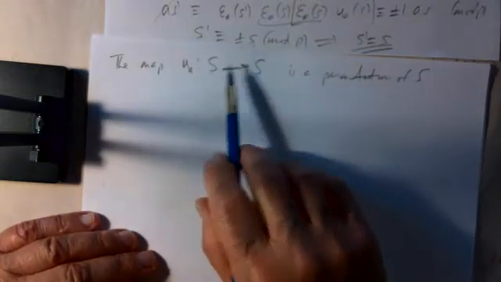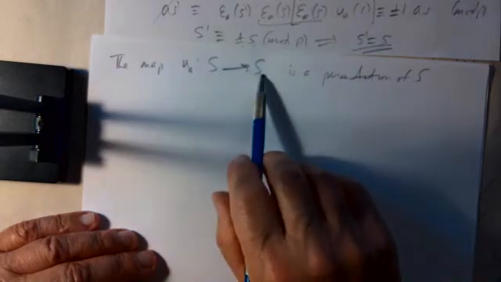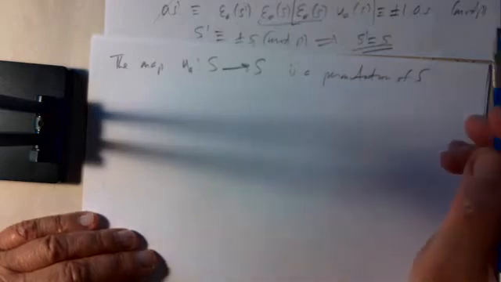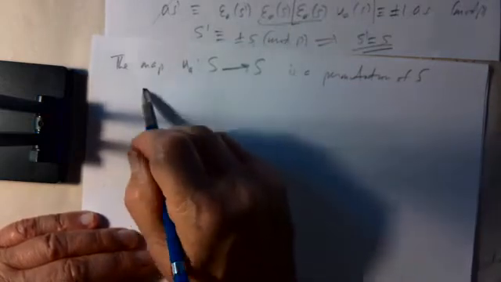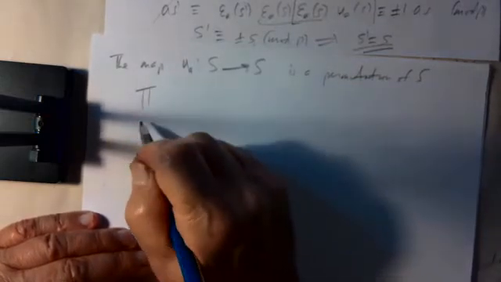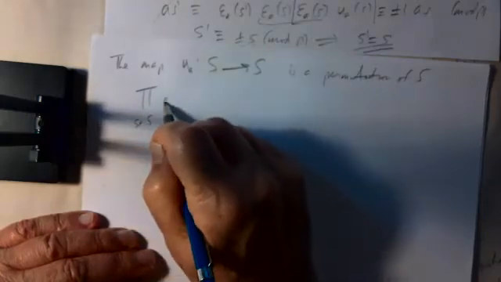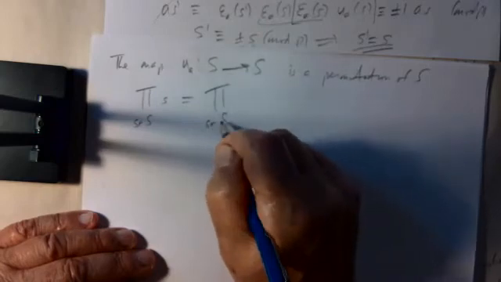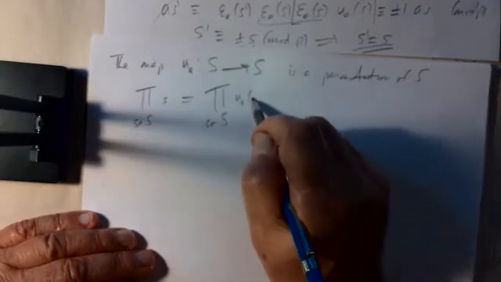So every element in S is the image of something in S under this map. That just means that if you take the product of all s in S of s, that's the same as the product of all s in S of u sub a of s.